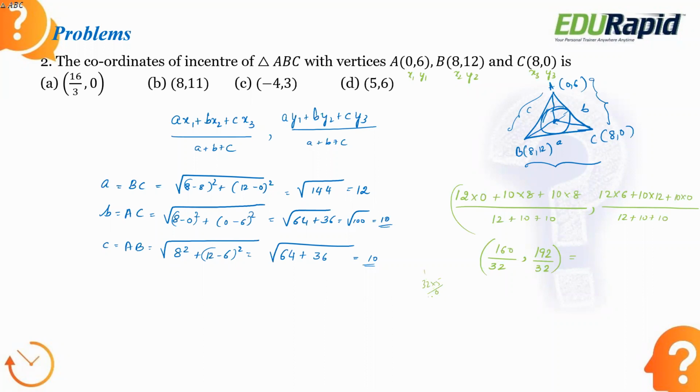Yes, it is divisible by 32. I'll get 5, and for this, that's 6. So 5, 6. So the right option is option D, (5, 6). Is that clear? So in such cases, you should think of the distance formula in combination with incenters.